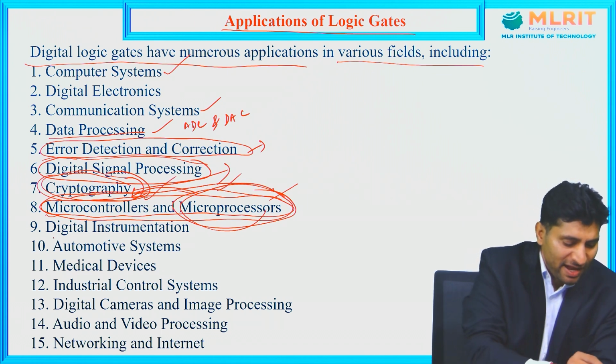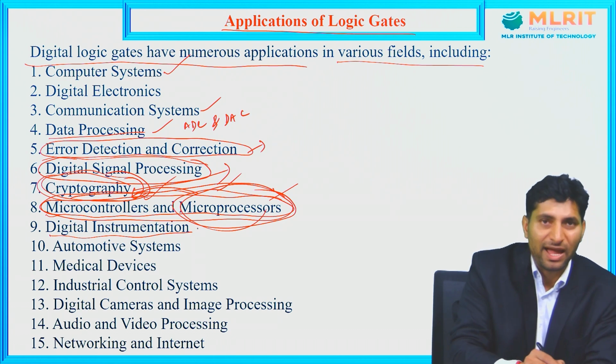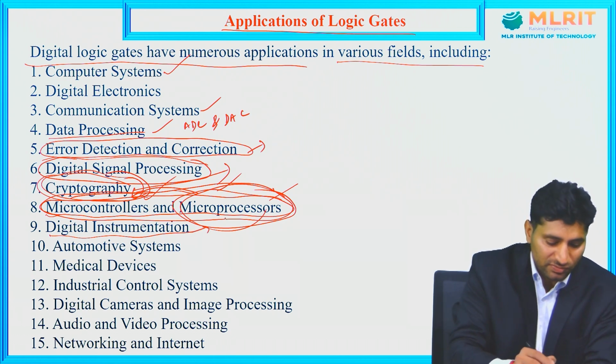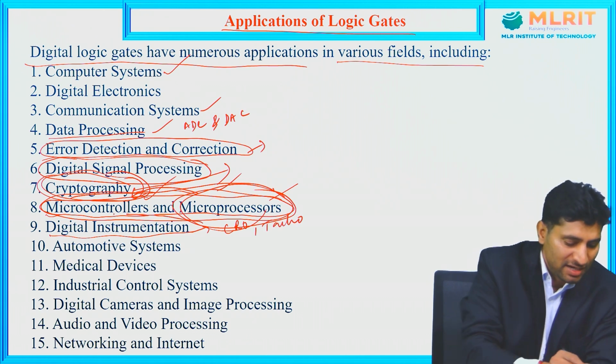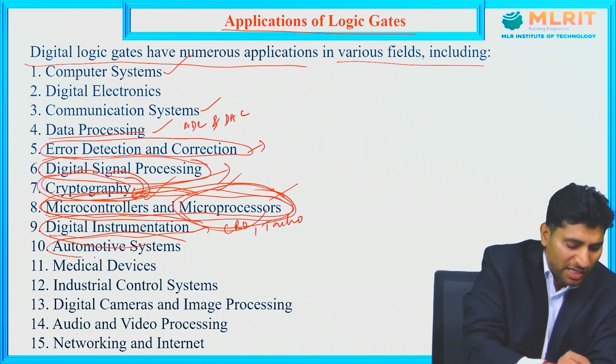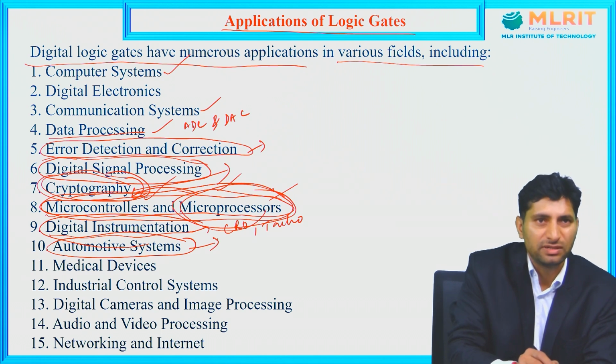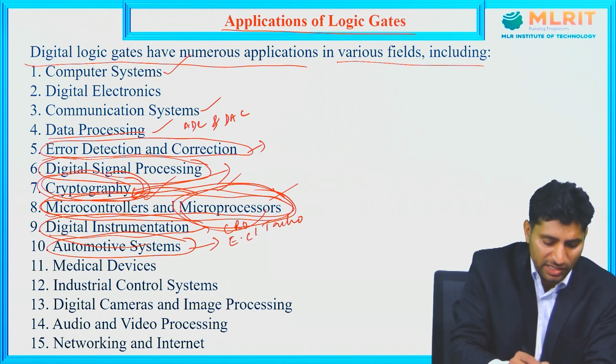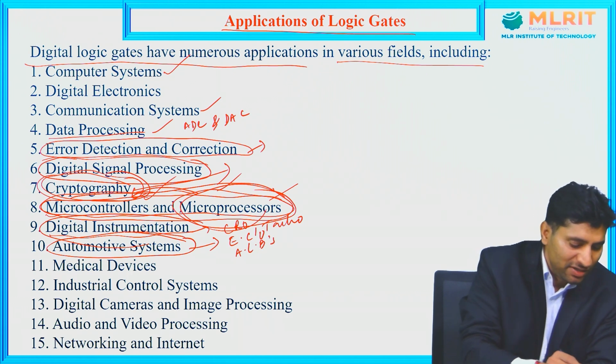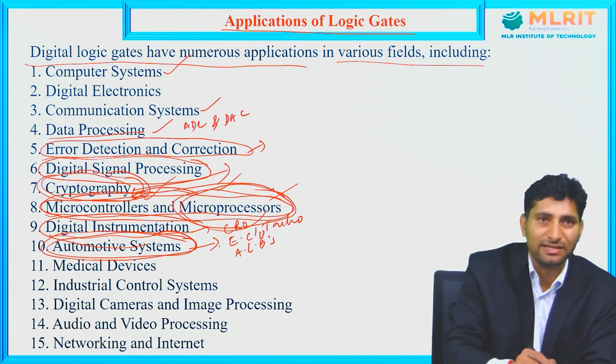In the same way, in digital instrumentation, I can use digital CROs, or tachometers. Like in automotive systems also I can use these logic gates as an engine control unit or anti-lock braking systems. Everywhere I can use these logic gates.